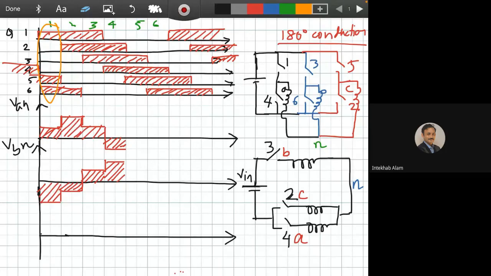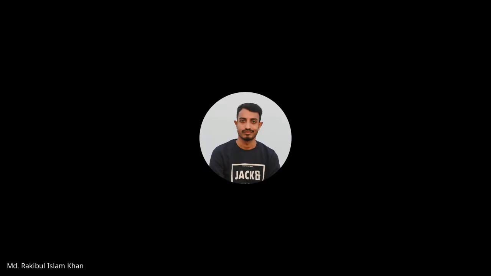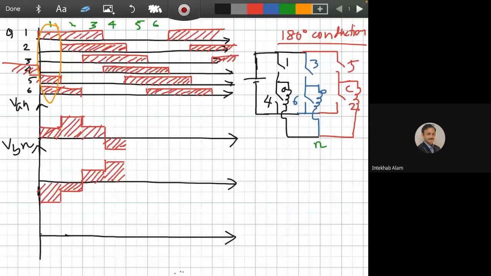Could you please tell me which switches are on? 3, 4, 5. Good. Two switches from the upper bank and one switch from the lower bank.